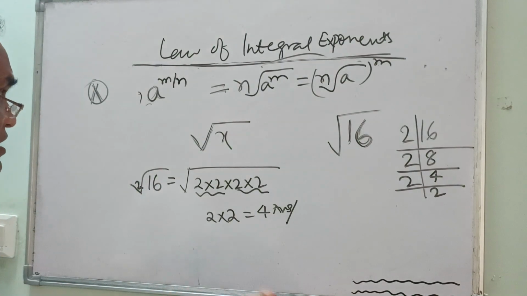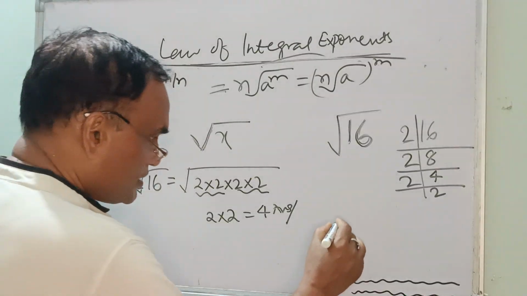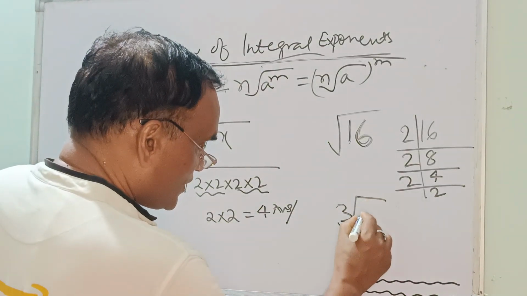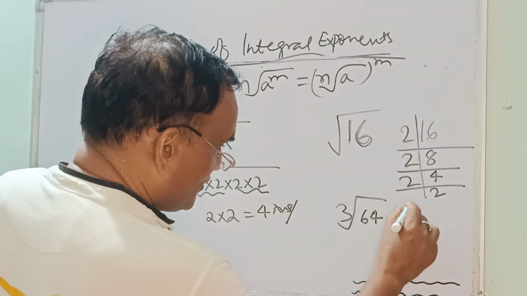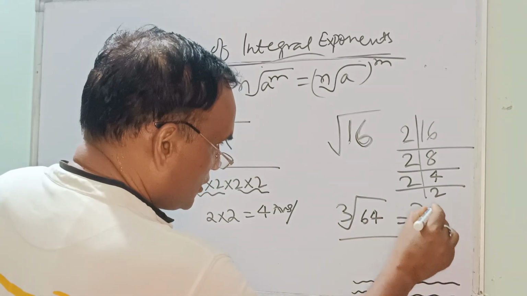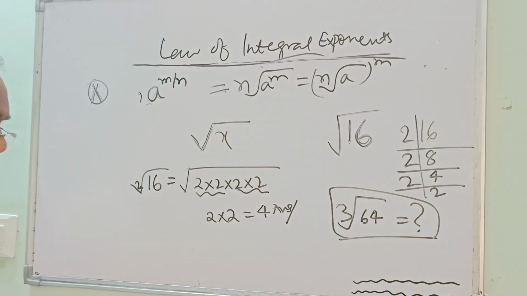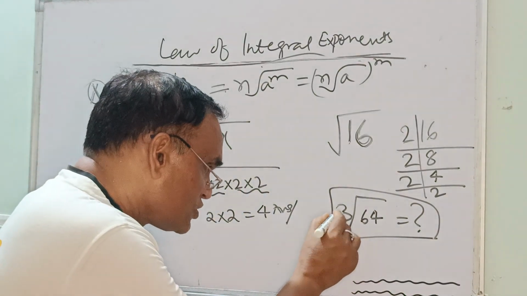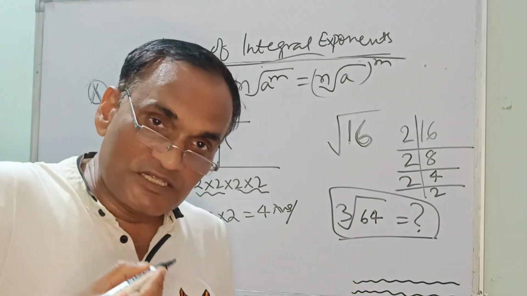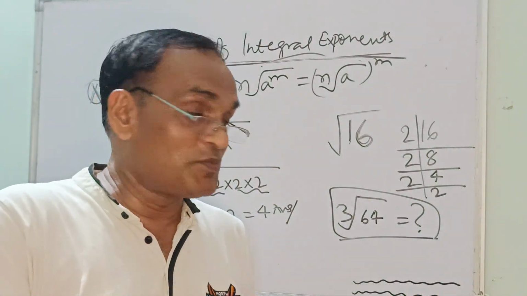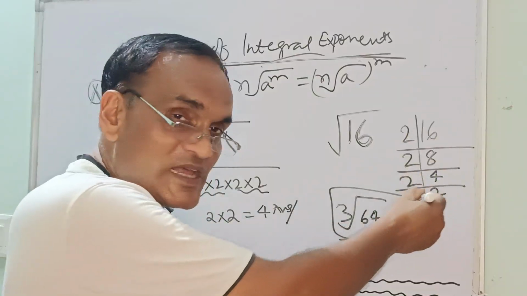You might have seen in math sometimes a question like this: get the value of this. You might have seen the question like this. Why? Because this 3 shows that we need similar digits, because before solving you will factorize like this.